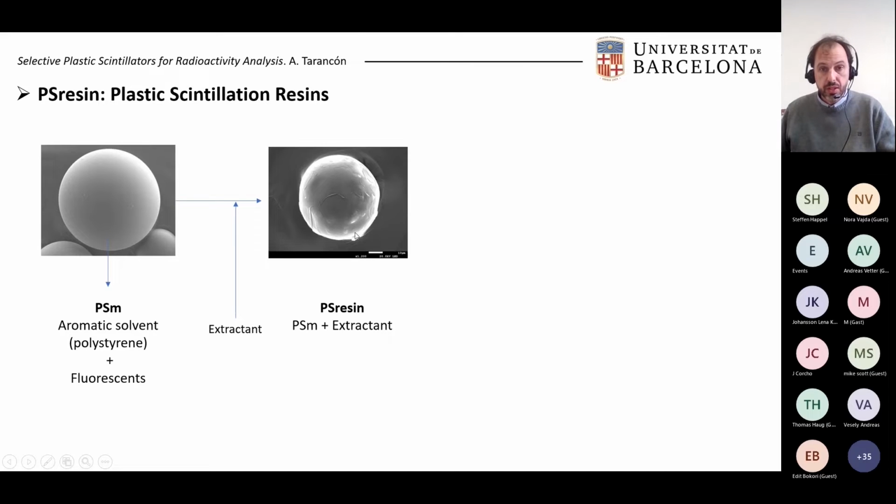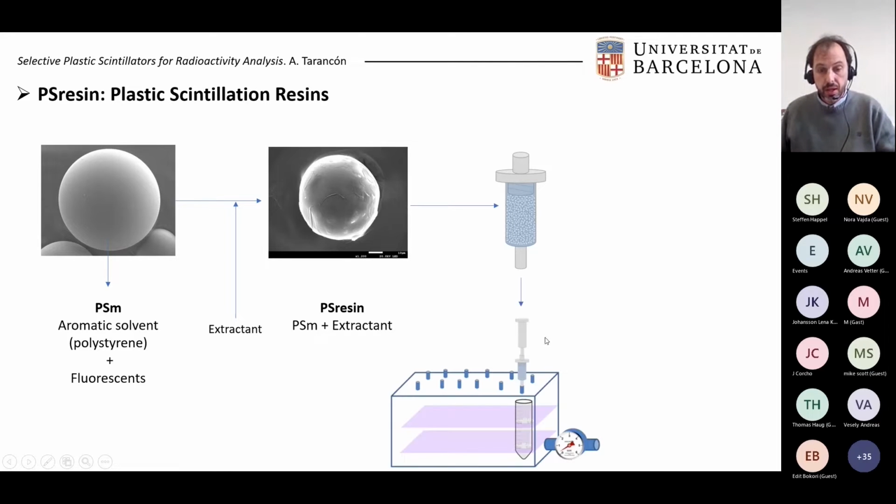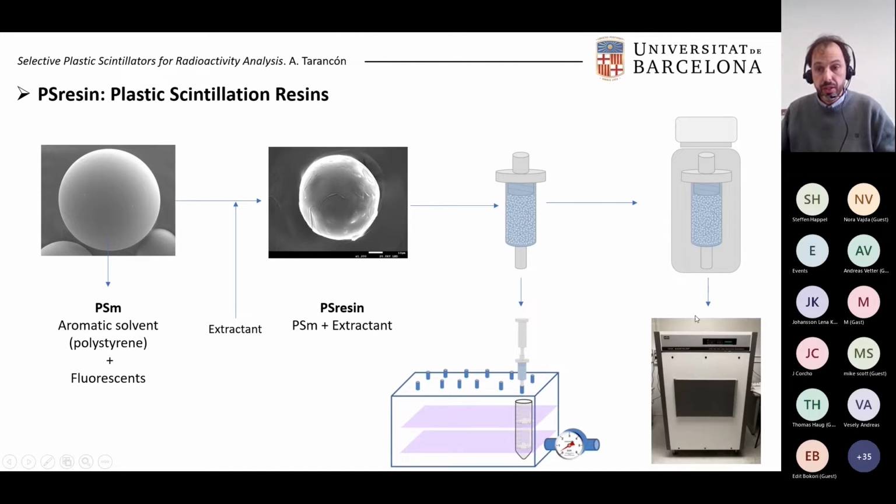So the idea is that you can put this resin into a solid phase extraction cartridge as the one that typically is used for chemical separations, and then proceed with the chemical separation in a vacuum box, for example, with the advantage that at the end of the separation with the radionuclide retained, you can put the column into a 20 milliliter polyethylene vial and measure it in the liquid scintillation detector.